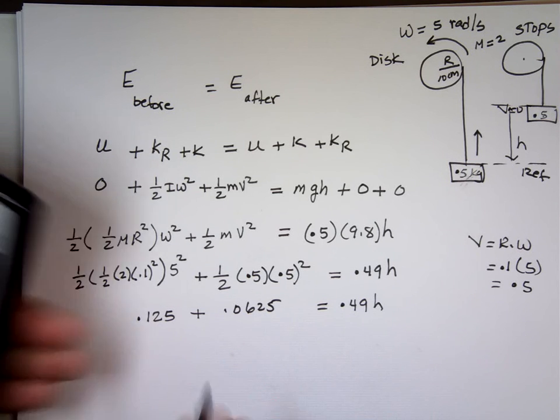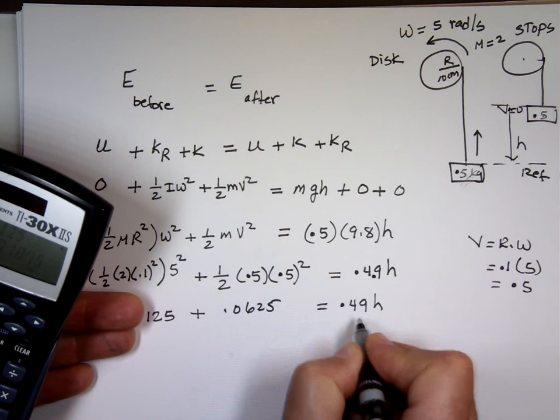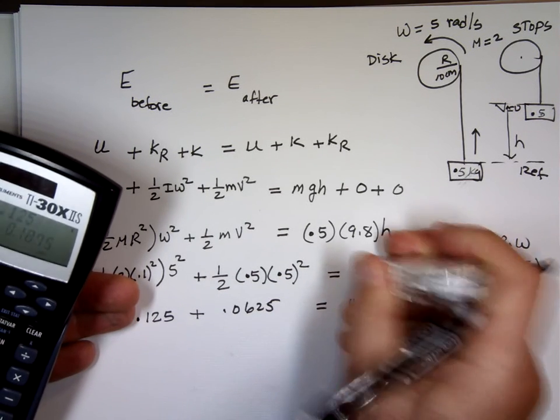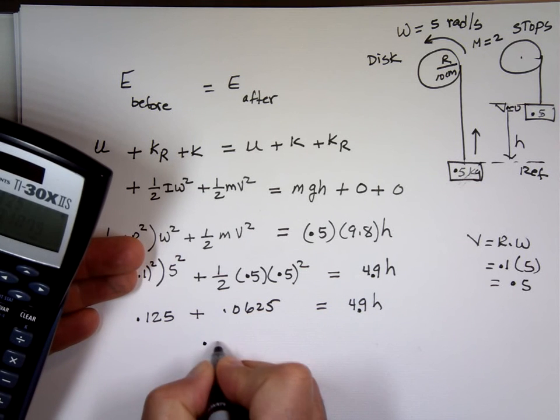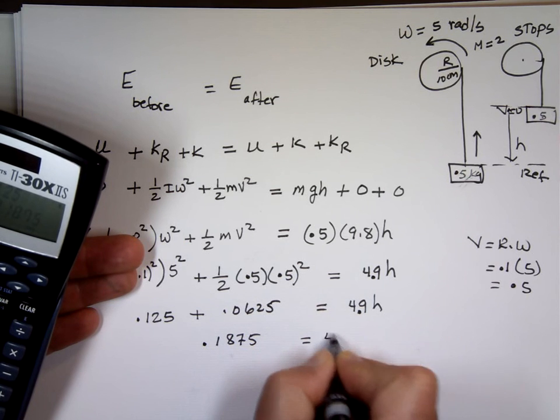Should be what? 4.9. Thank you. Yep. Every time I try to do it without a calculator, I screw things up. 0.1875 should equal 4.9 H.